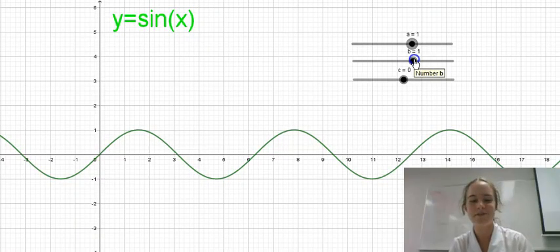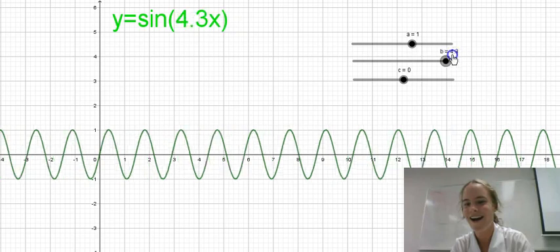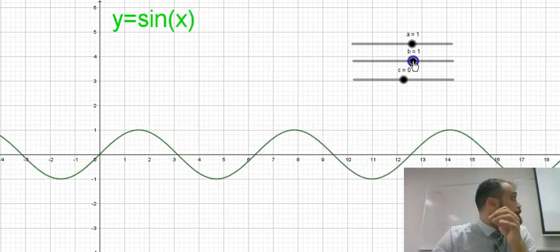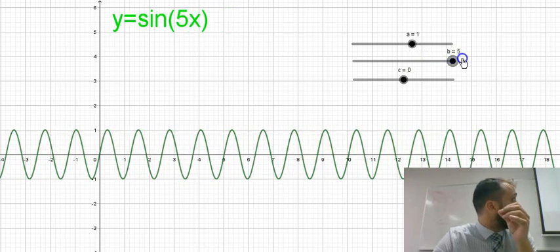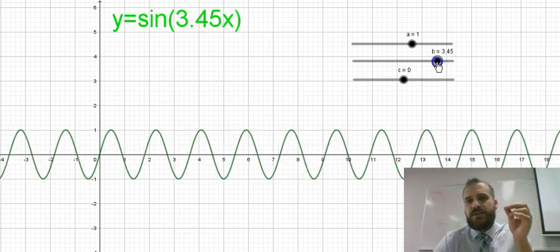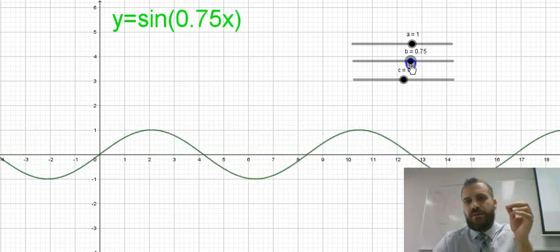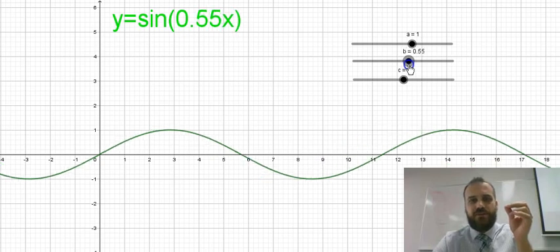I wonder what happens when I move the b slider. So it looks like the b value is going to affect the period. The larger the b value, the smaller the period. If we go between 0 and 1, say 0.5, we're stretching it out.